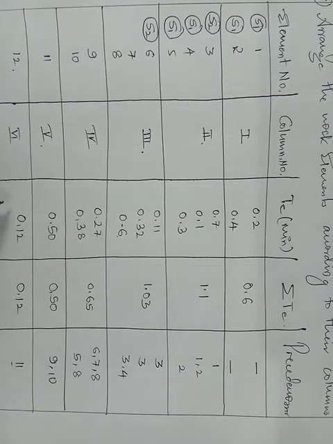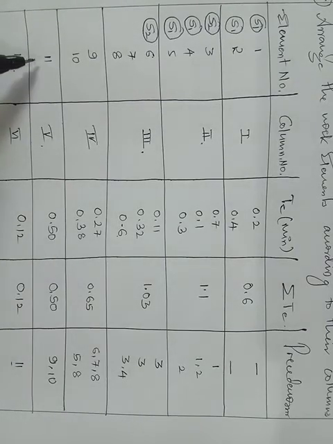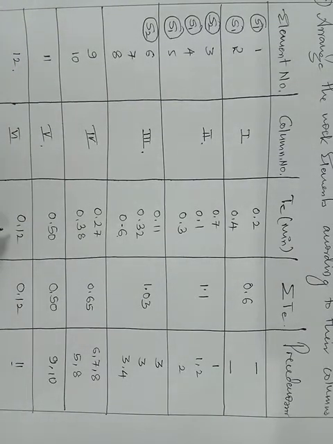I can allocate element number 12 only after completing element number 11, because the precedence is 11. Is 11 completed? No. Then you cannot allot 12. So it should follow the precedence order given in the problem. So for station number 2 we have only 2 elements. You need to stop there. Next, go for the next station.